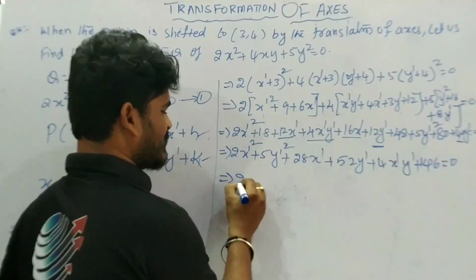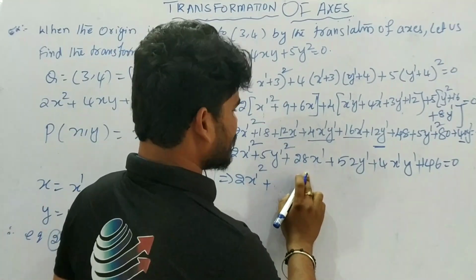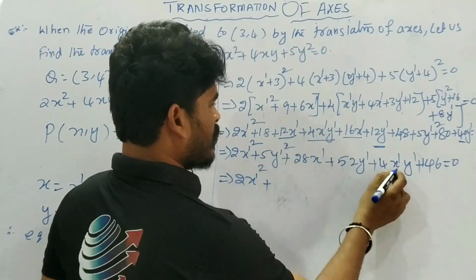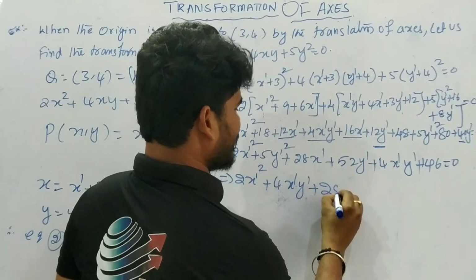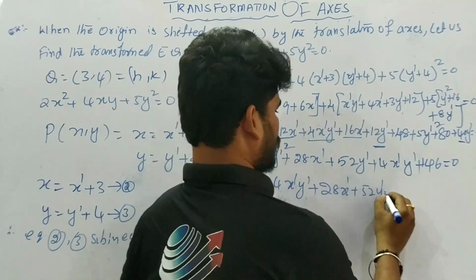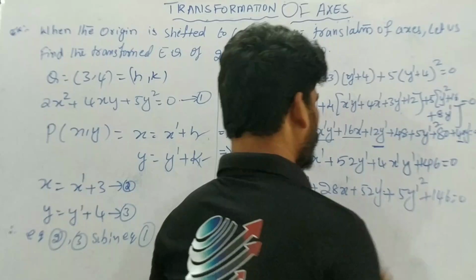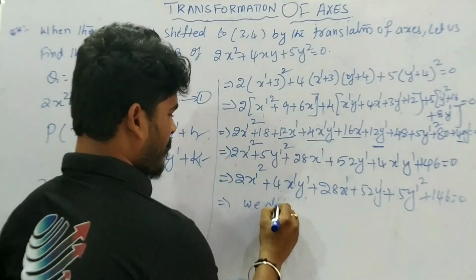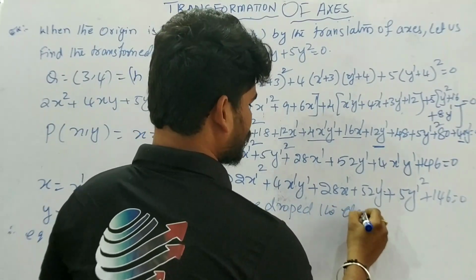Therefore this equation is written as 2x dash square plus 4x dash y dash plus 28x dash plus 52y dash plus 5y dash square plus 146 equal to 0. Now we drop the dashes.